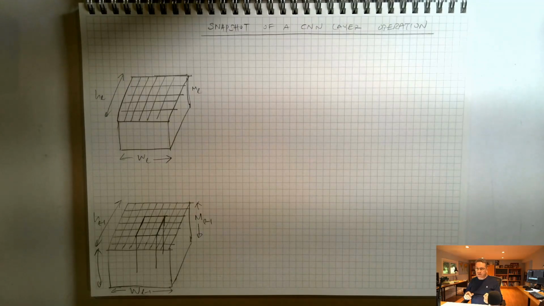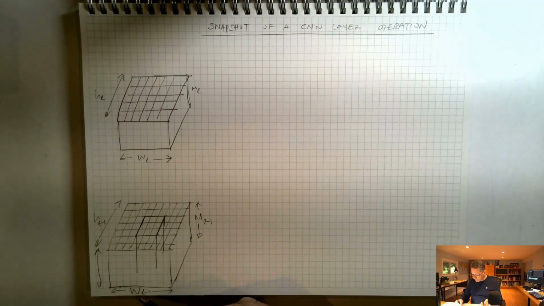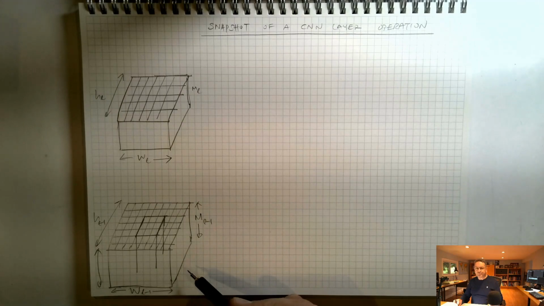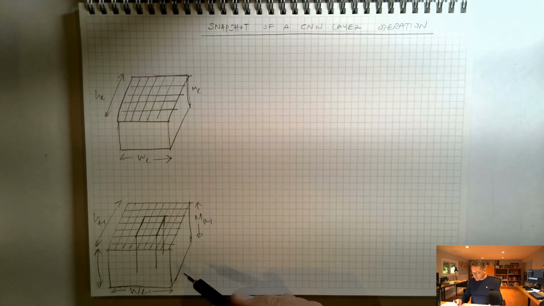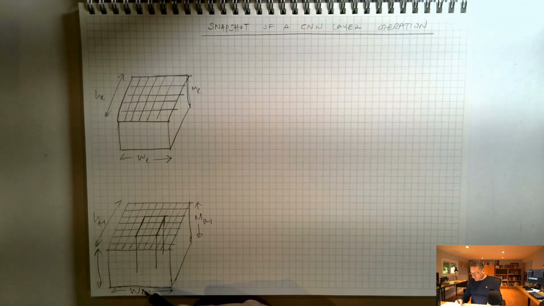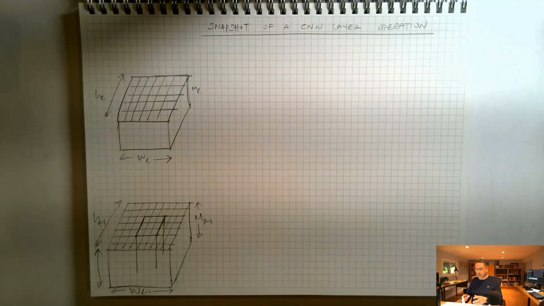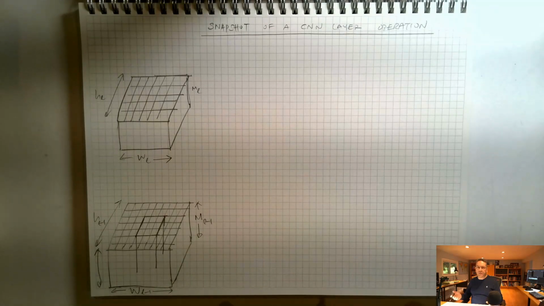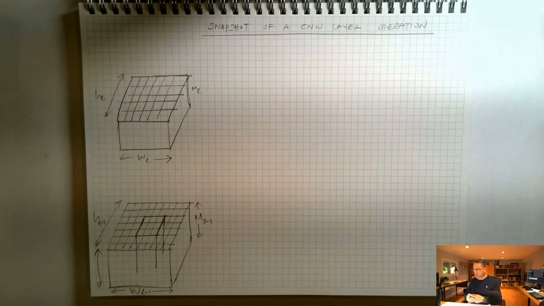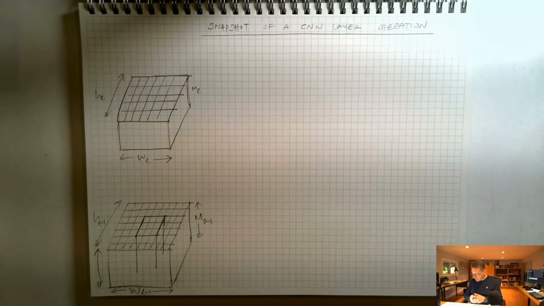Does it make any sense for the filter to be deeper than the input feature map? If you think about it, the answer is no, because at the end of the day, we are going to be correlating the contents of that filter with the contents of the input feature map. And if the filter is deeper, then we are not going to be picking up anything from the input feature map, so why have it deeper? There's no point in doing so.